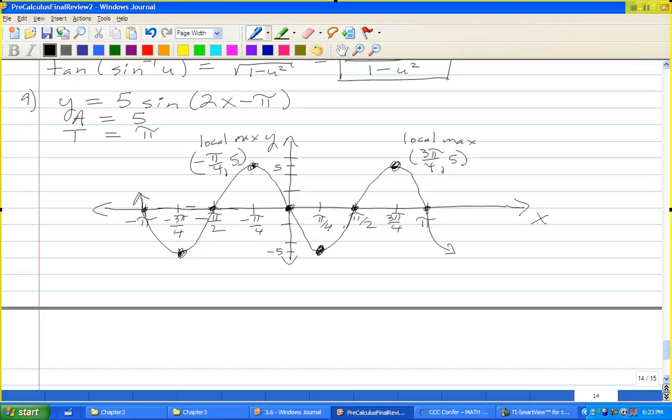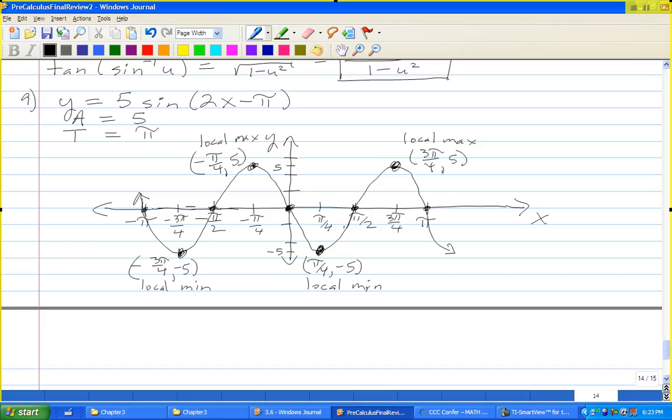Label the local minimums. And the x-intercepts.